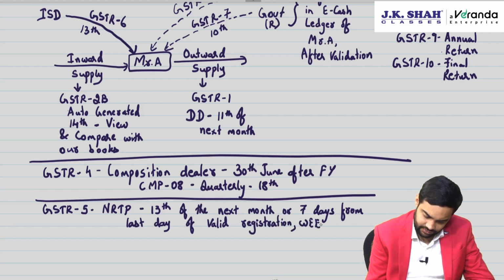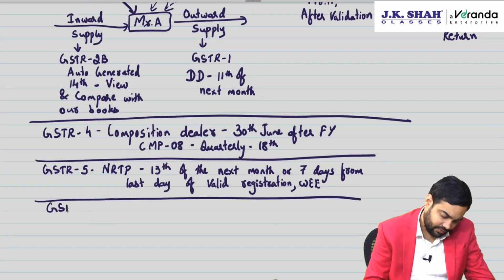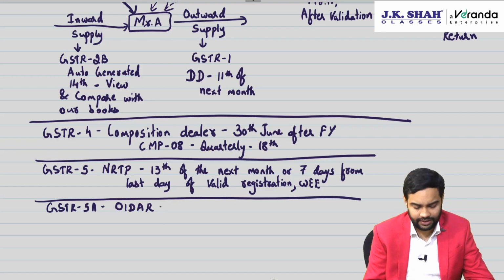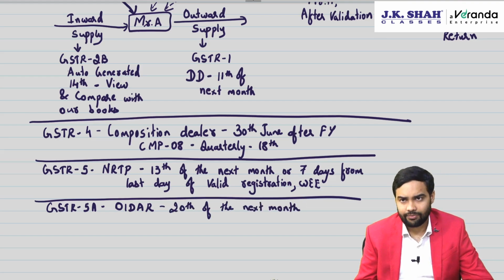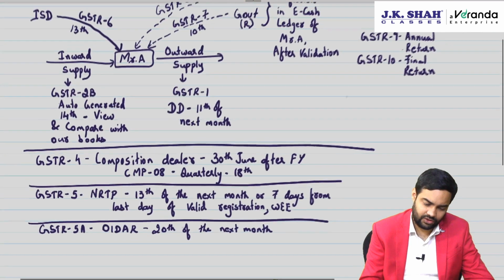And then there is a return called 5A, which is to be filed by OIDAR, who is outside India providing services to India, due 20th of next month. Same return is also required to be filed by online money gaming, which we will discuss separately, because online money gaming provisions we have not discussed together with all these.